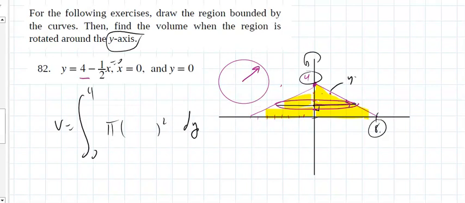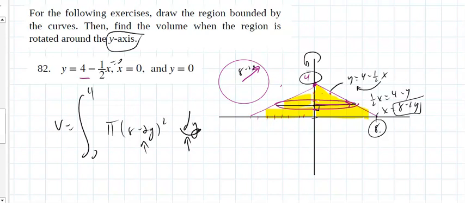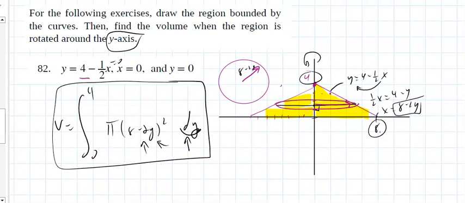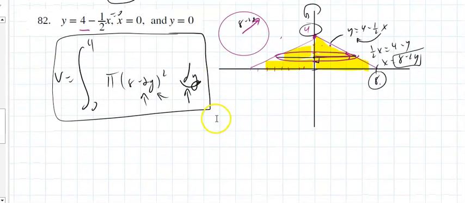Keep in mind, if y equals 4 minus 1 half x, that means 1 half x equals 4 minus y, and x equals 8 minus 2y. So that will be the radius of that circle in terms of y. So you cannot have a dy and an x in there, or a dx and a y in there. That's not allowed. So make sure that you solve accordingly.